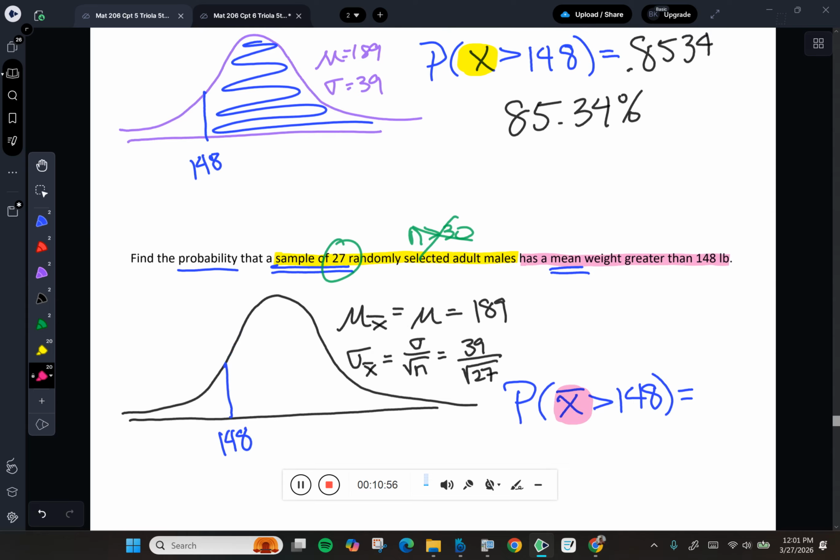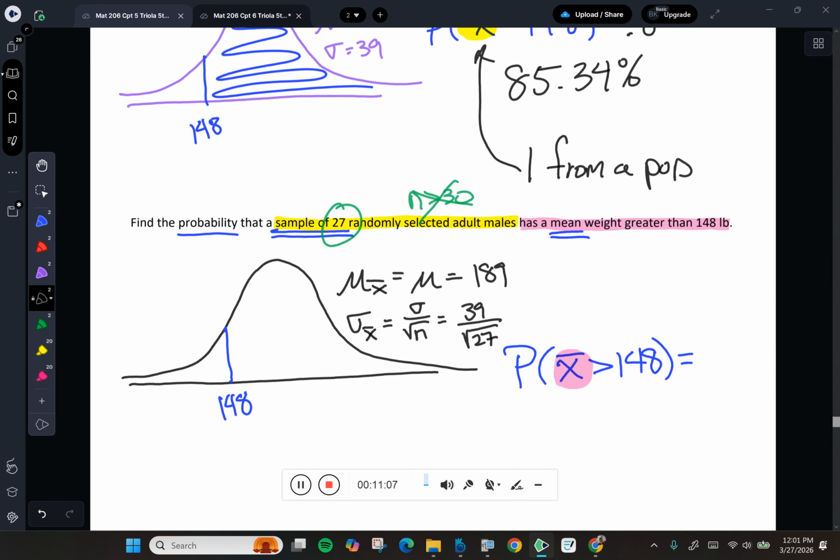In the previous example, when I put an X there, I'm talking about one from a population. When I put an X bar there, I'm talking about a sample from a population. So I'm finding the probability that a sample has an average of 148 or more.